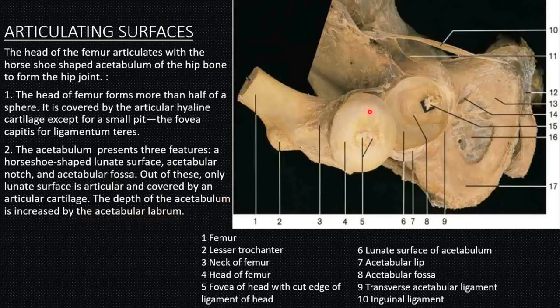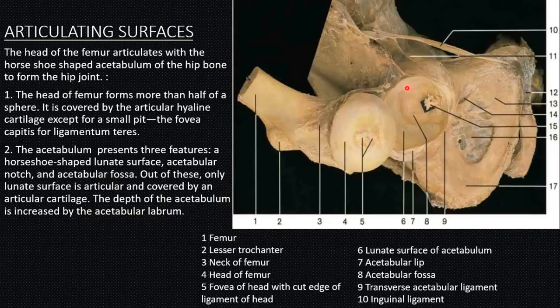Now here, this is the head of femur, forming more than half of a sphere. You can see here at the tip is the fovea, and attached to the fovea is the ligamentum teres femoris, which has been cut.